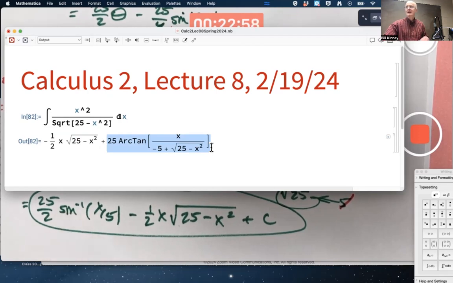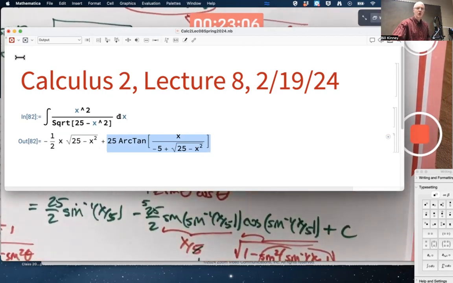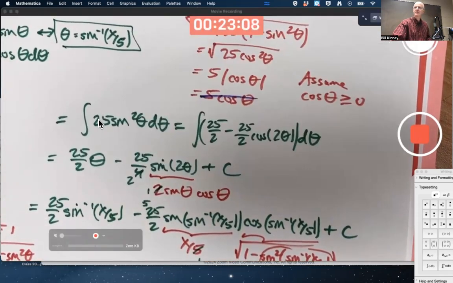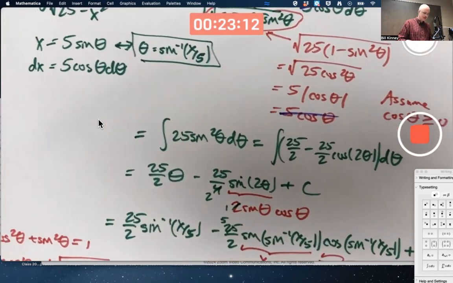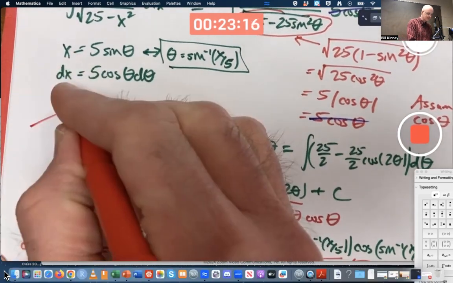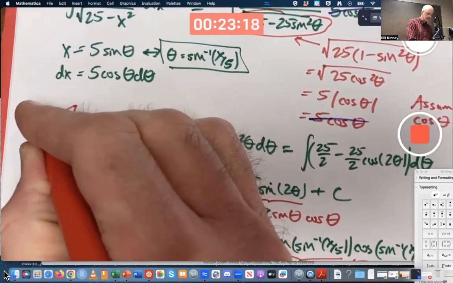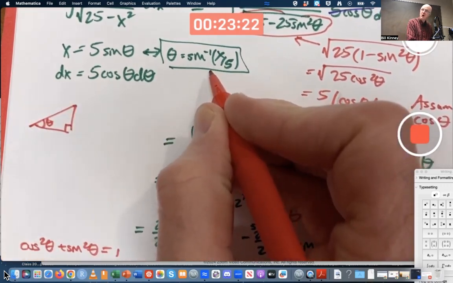Well, I did hint last time that you can write inverse sine of x over 5, for example, in terms of inverse cosine or inverse tangent as well. Because you could, well, might be simplest to imagine drawing a right triangle, labeling this angle theta, whose sine is x over 5, SOHCAHTOA.